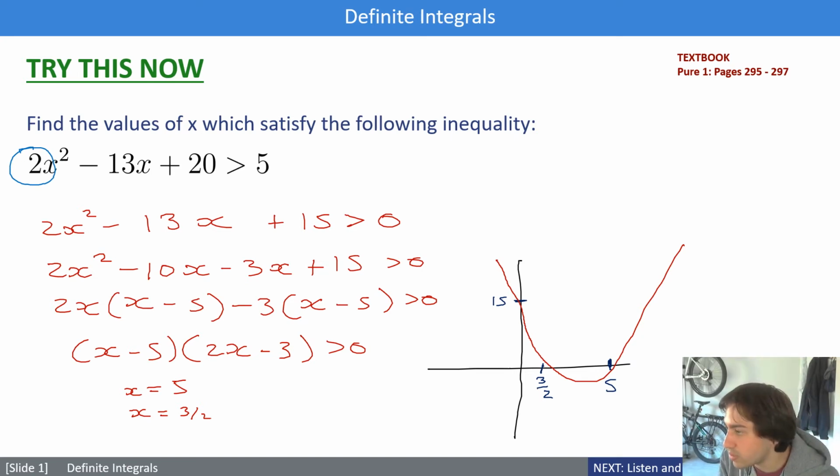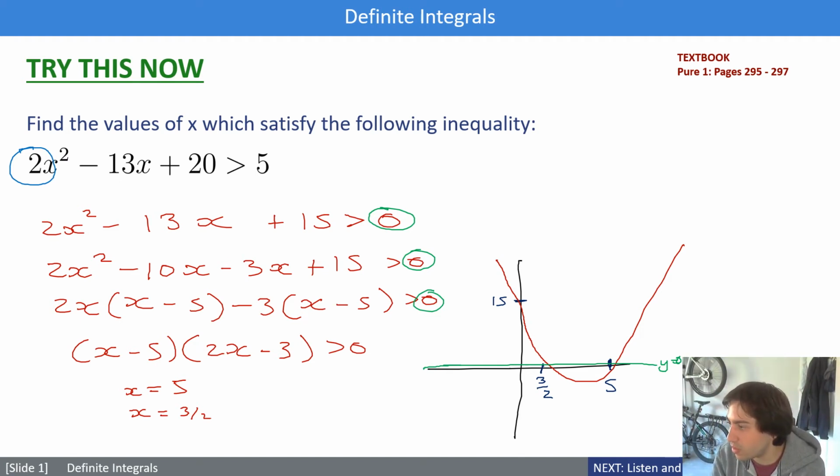And likewise, the horizontal line, which we're comparing, it's now not 5, is it? It's y equals 0. So we're looking at the y equals 0 line, which is the x-axis effectively. So for which values is the graph greater than 0?